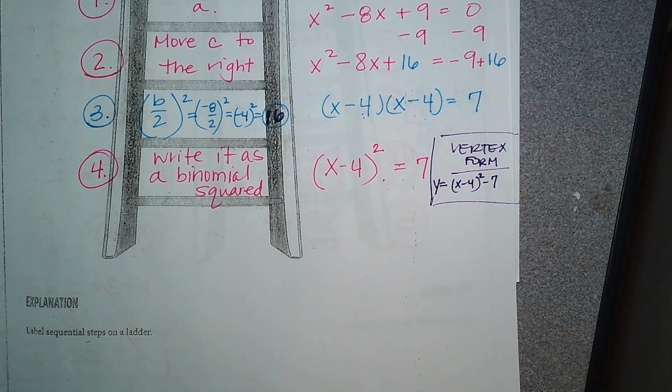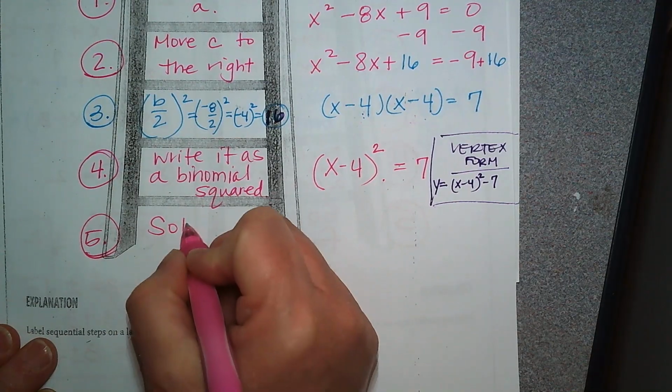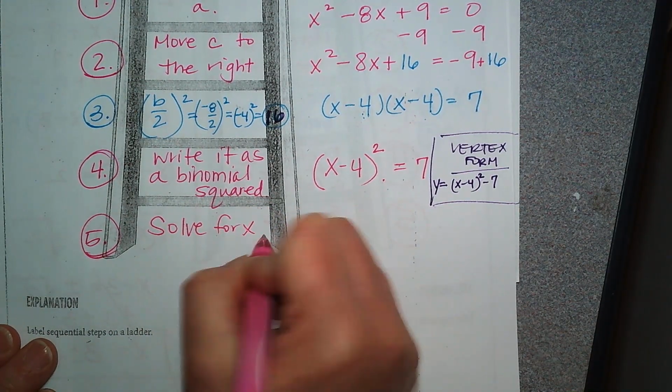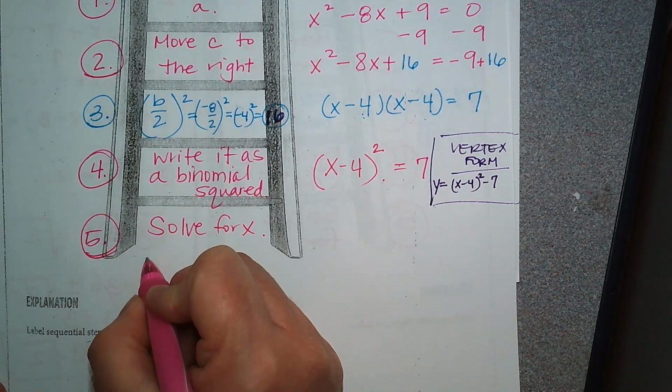The last step is to solve for x. How do we solve for x? Take the square root of both sides.